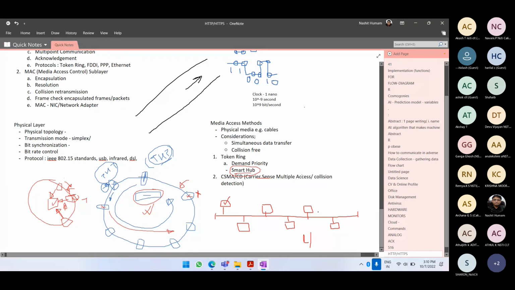The other case is that this is trying to send its data, but meanwhile, this has started sending its own data. So its carrier will collide with this signal and you would receive a collision signal. I hope you got this.